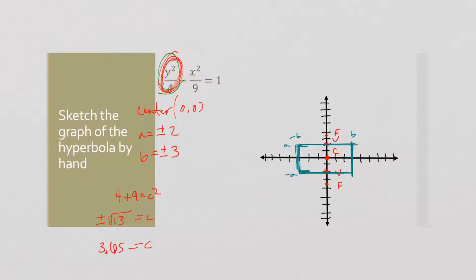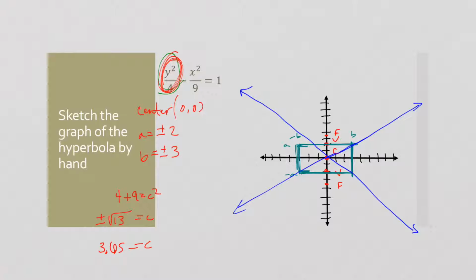Now what I need to do is I need to draw a line through the diagonal of my box that also goes through the center. Okay, these are my asymptotes for my graph.